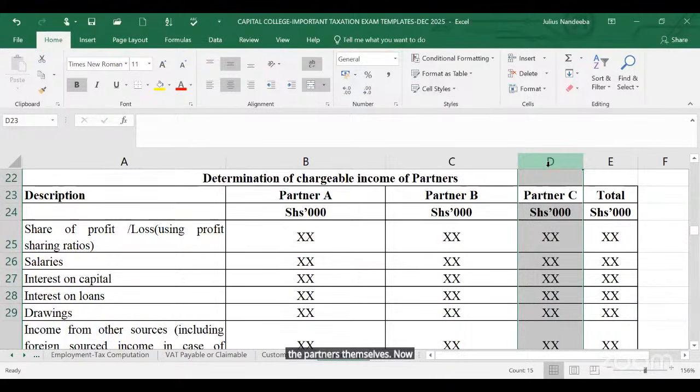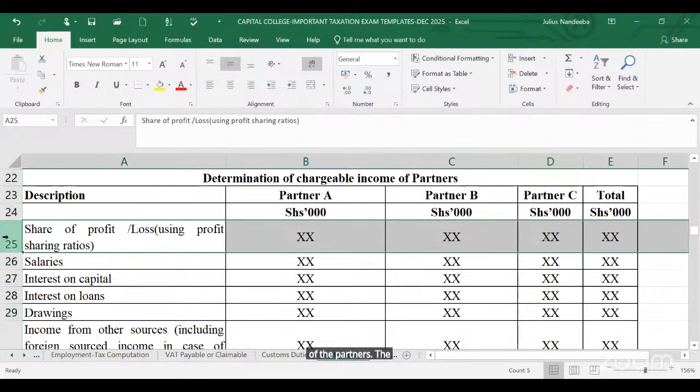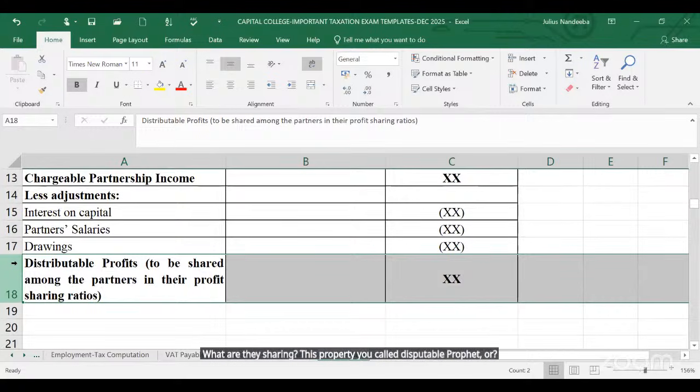Now, you don't need the total here. But what comes into this? How do you determine the chargeable income of each of the partners? The first line is the share of the profit or loss. What are they sharing? This profit you call distributable profit, and how are they sharing it?